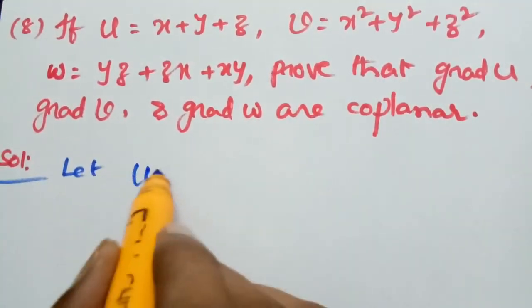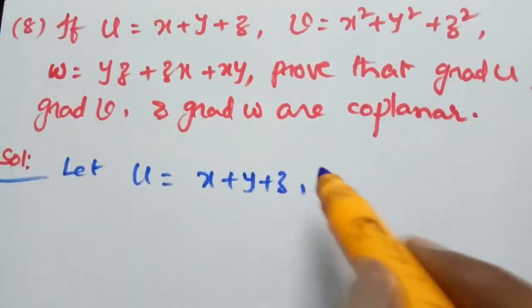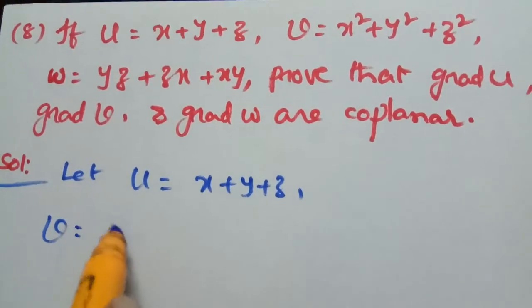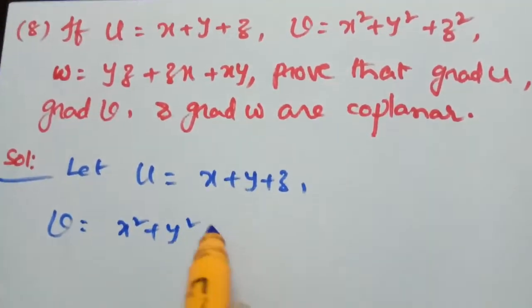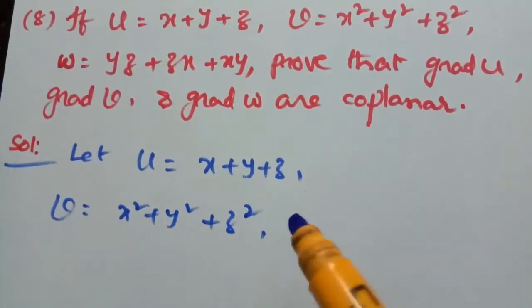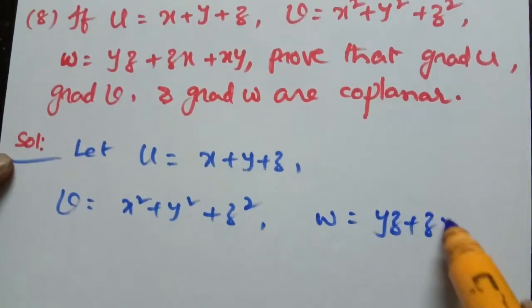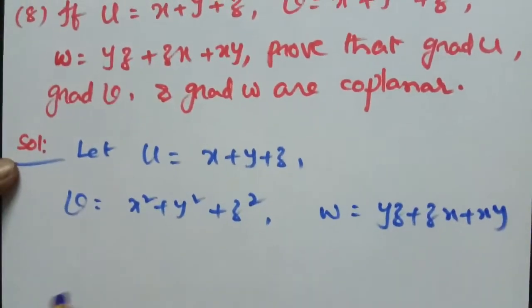Let u is equal to x plus y plus z, v is equal to x square plus y square plus z square, and w is equal to yz plus zx plus xy.